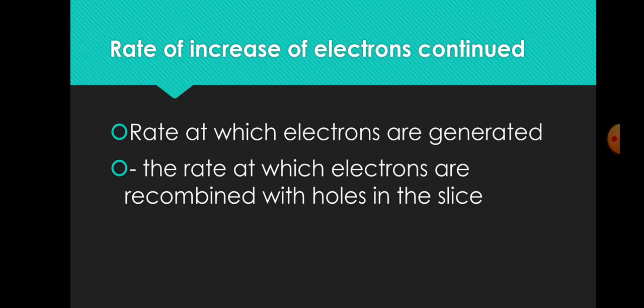The first two components are found by dividing the currents at each side of the slice by the charge of an electron. The generation and recombination rates are designated by Gn and Rn respectively.